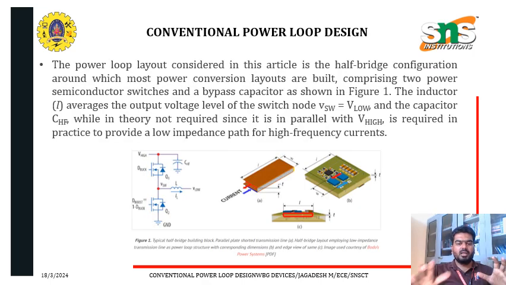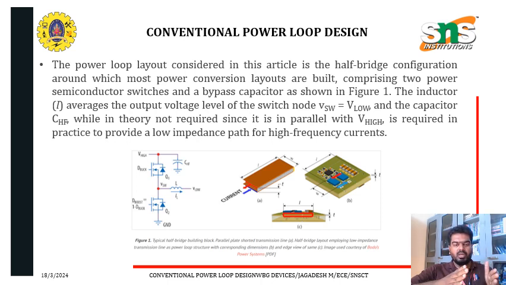Here the image represents a typical half bridge building block with a parallel plate, short transmission line. Image A represents the half bridge layout employing a low impedance transmission line as the power loop structure with corresponding dimensions, B is the edge view of the same, and C is the front view.